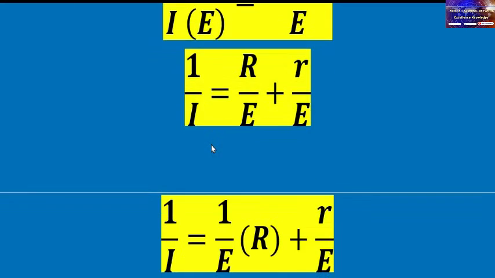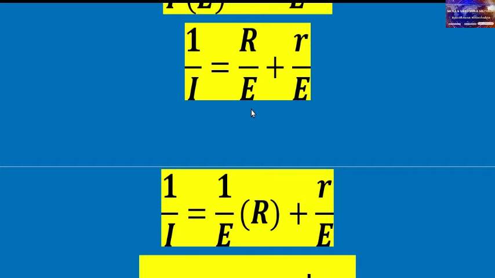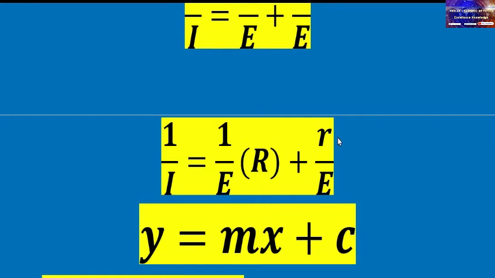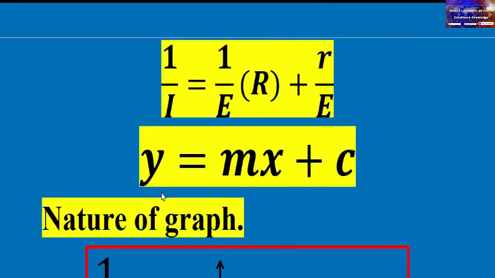And then, in order to get R alone on the x-axis, with 1 over I on the y-axis, we write 1 over E times R, and the y-intercept is equal to r over E.M.F. The general linear equation is the same: 1 over I is equal to 1 over E times R plus r over E. The linear equation is y equals mx plus c, so there is a relation between the two.